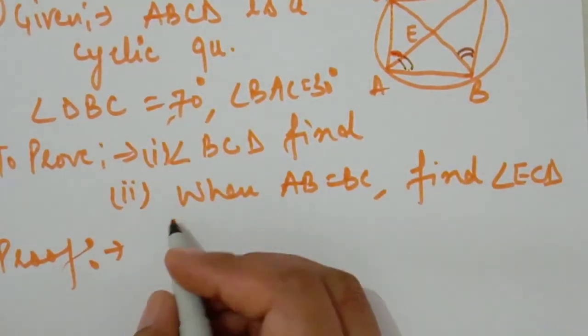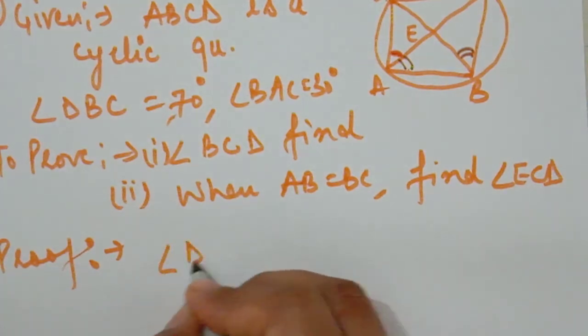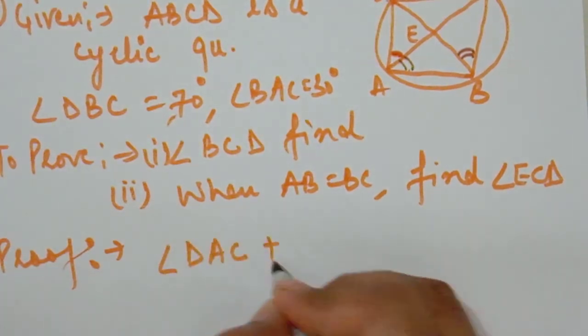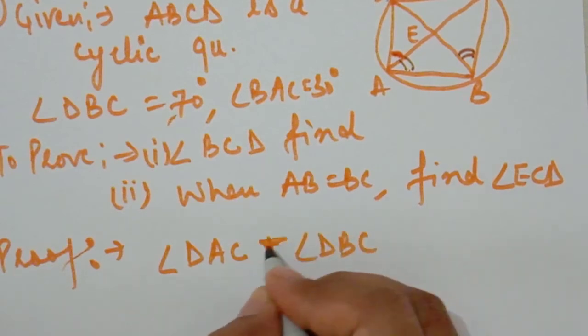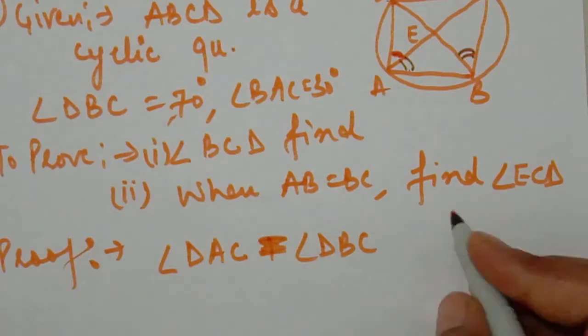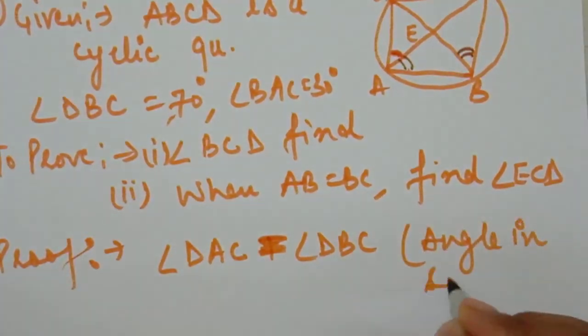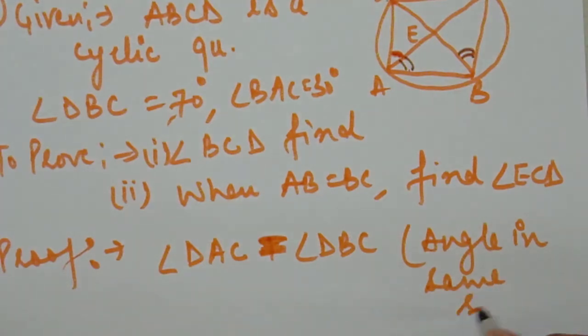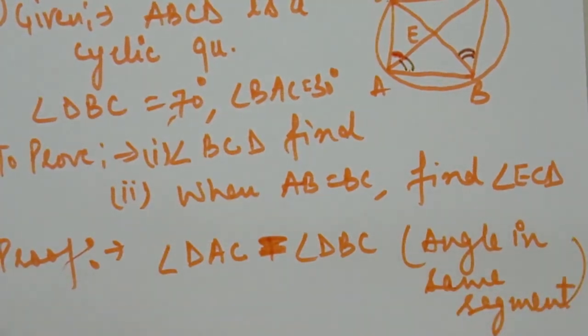So how we will write? Angle DAC and angle DBC, both angles are equal, angles in the same segment.